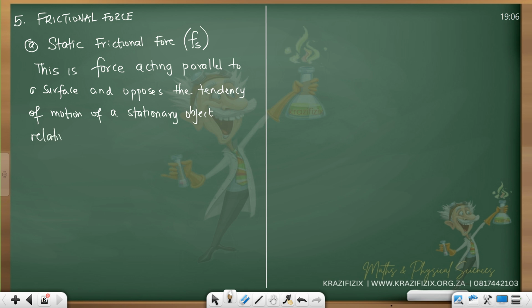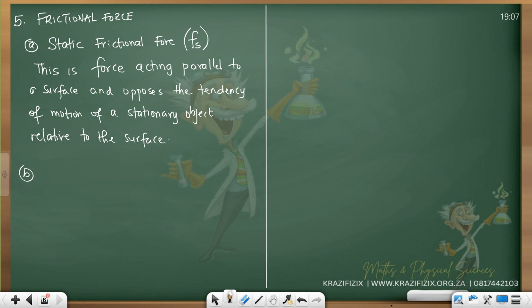You must remember all of this definition. So when we put an object on a table or on a surface and the object is not moving, what is keeping it is called static. Static means stationary. So this is a force acting parallel to a surface, and it opposes the tendency of motion of a stationary what? Object. The object must be stationary.